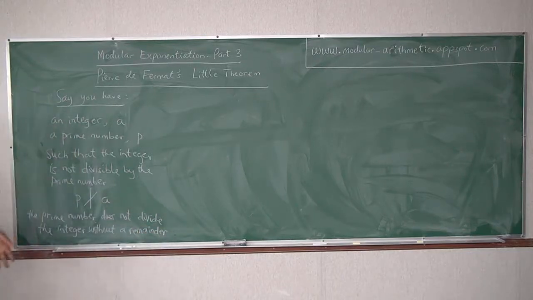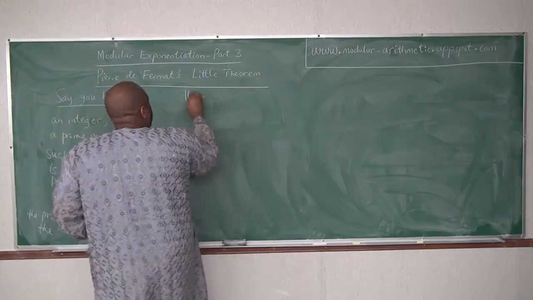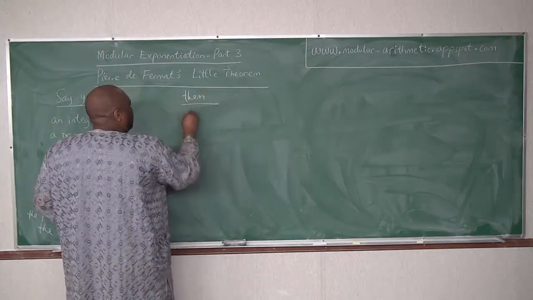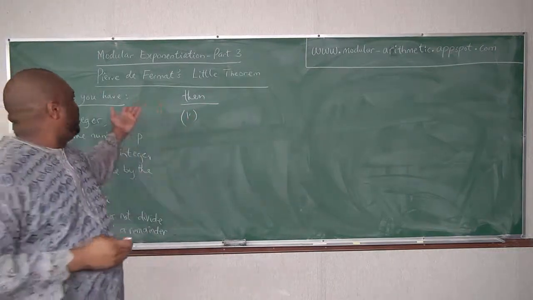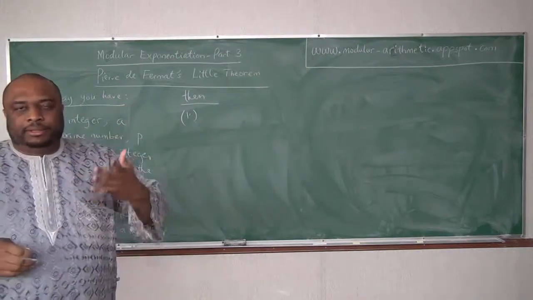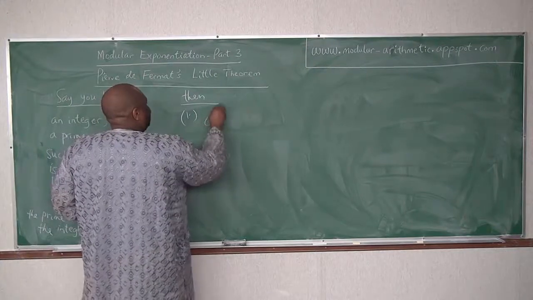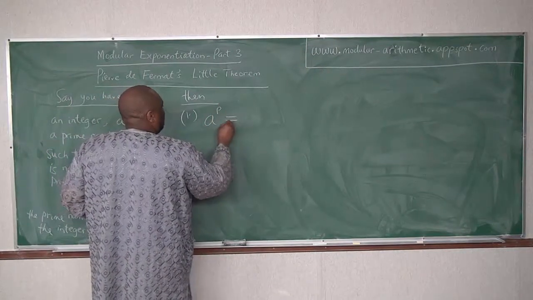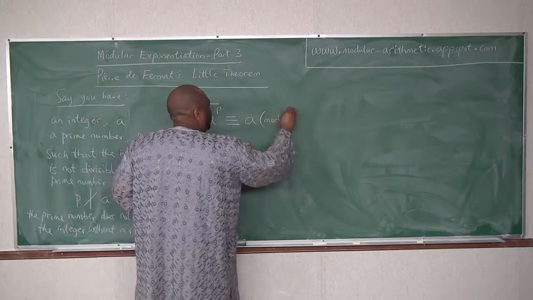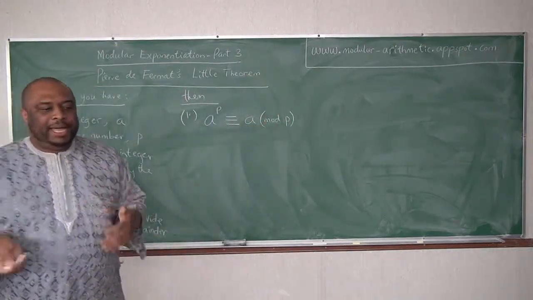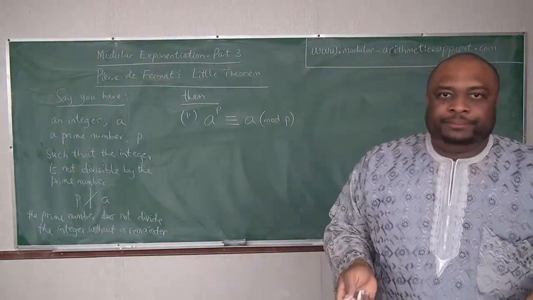So if you have something like this, then number one, Pierre de Fermat found out that a to the p is congruent to a in mod p.